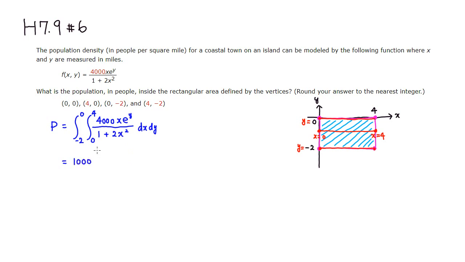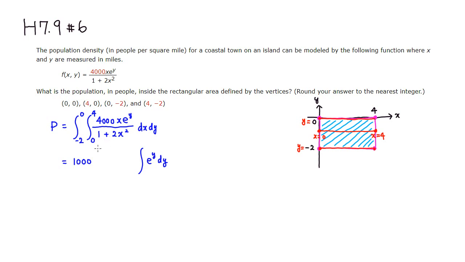Since e to the y has nothing to do with x, we can just pull e to the y outside, with dy.